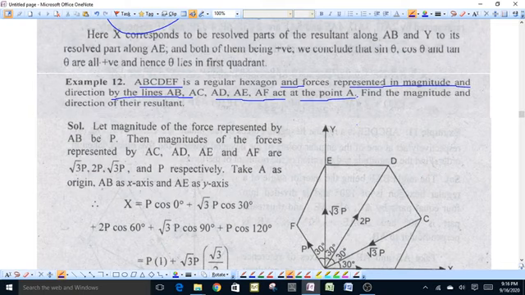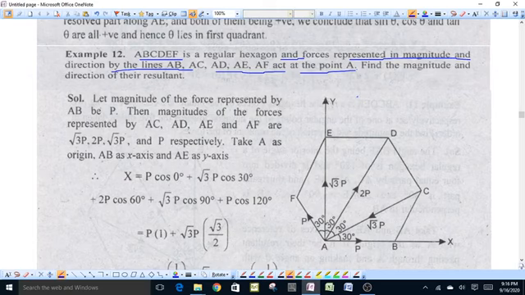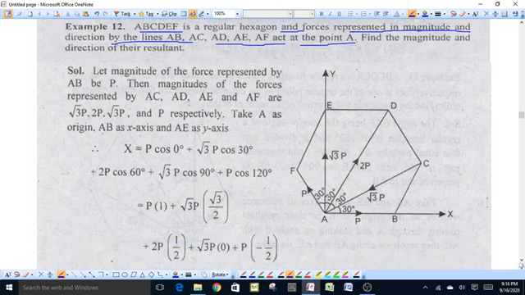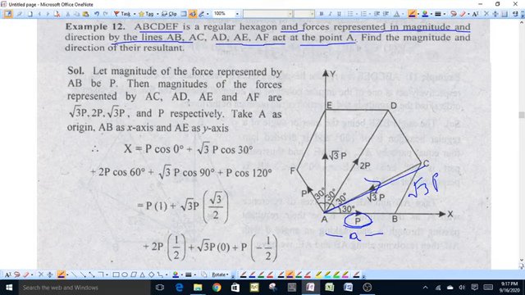Because the forces are represented completely, meaning both in magnitude and direction, by the lines AB, AC, AD, AE, AF, which act at a point A, if we take the magnitude of the force along AB as P, then along AC the magnitude of the force will be √3P, because if the length of AB is a, then the length of AC will be √3a.